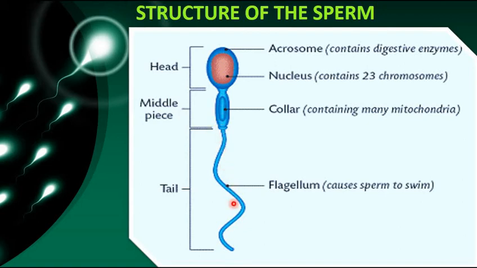The head of the sperm is mainly filled with nucleus. The nucleus is haploid. It contains 23 chromosomes in the head here, and the nucleus is responsible for carrying genetic material.